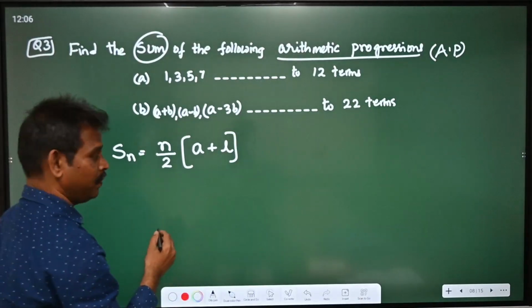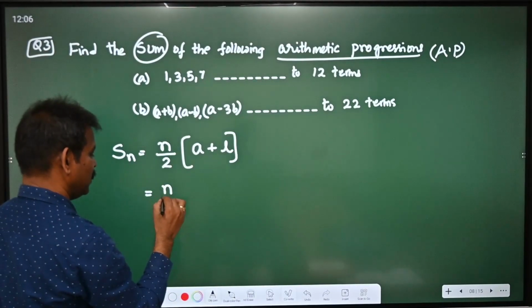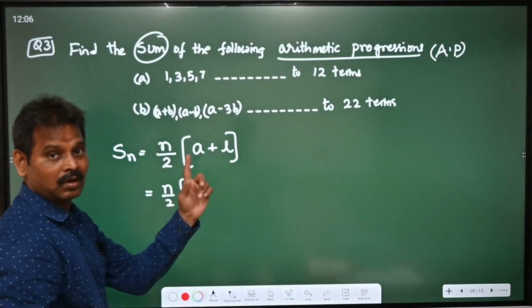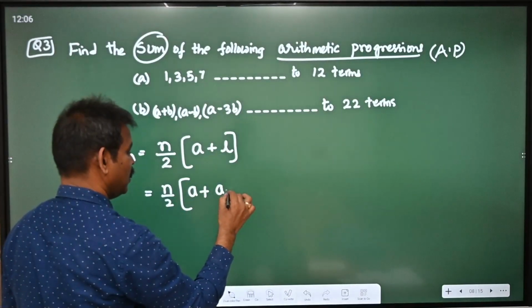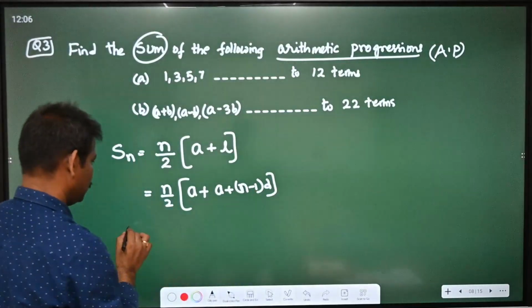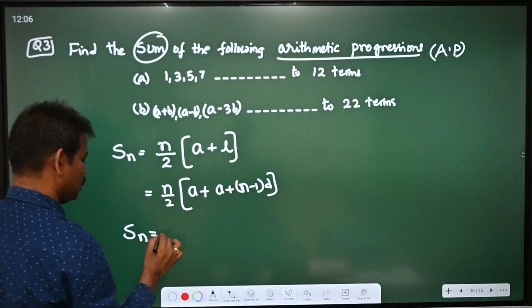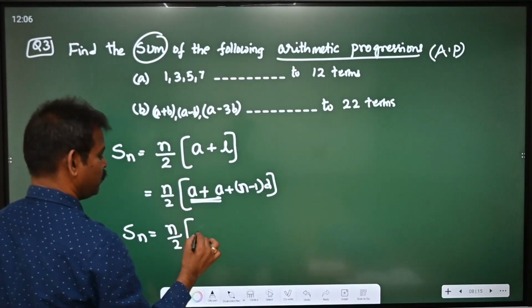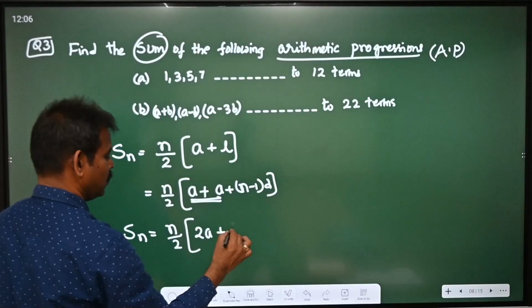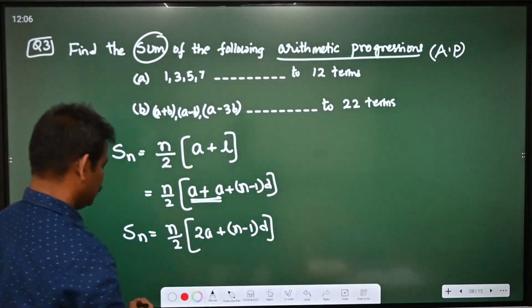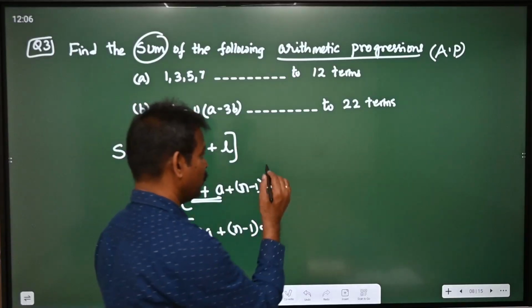This is another formula which can also be written as n by 2 into A plus the last term, which is A plus n minus 1 into d. Or simply, the sum of n terms in an AP is given by n by 2 into 2a plus n minus 1 into d. This is Sn. Now we can find out.